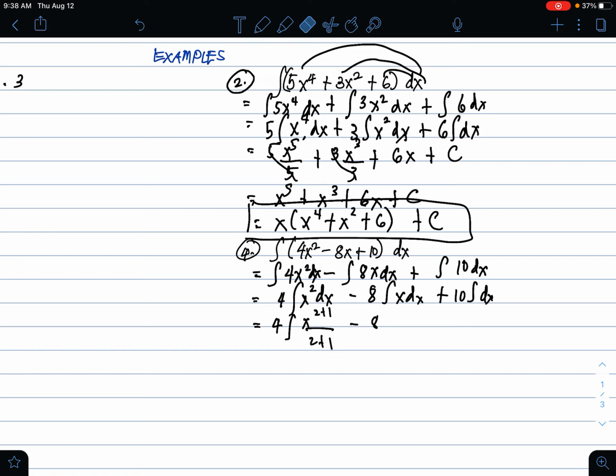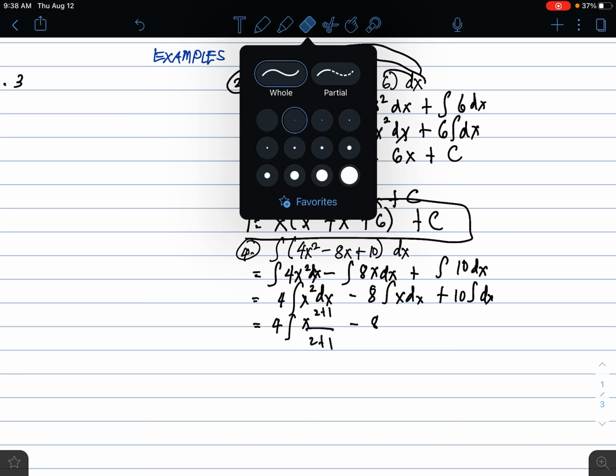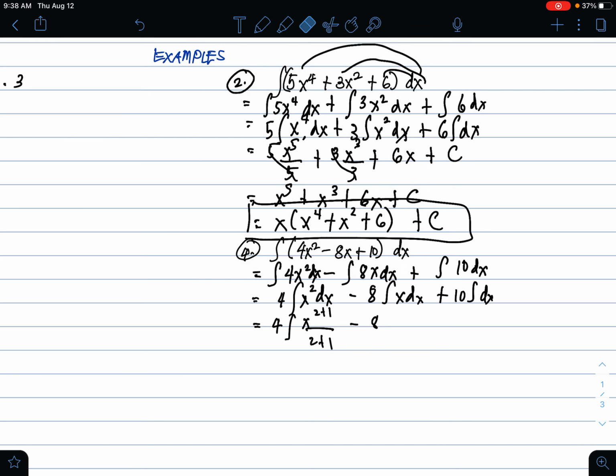Okay, let's erase this one. So, we erase this also because minus x to the 1 plus 1 over 1 plus 1, plus 10x plus c.